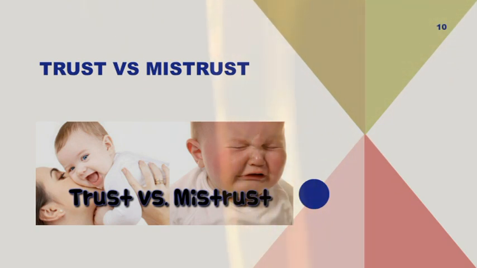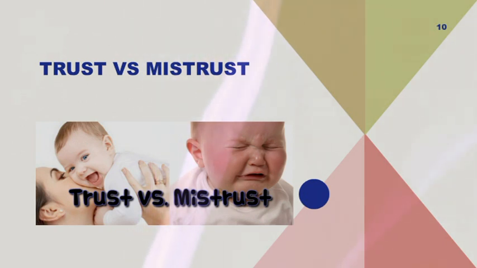Conversely, if caregivers are inconsistent, neglect, or are unresponsive to the infant's needs, the infant may develop a sense of mistrust and insecurity. They may become apprehensive and anxious or withdrawn, and they may struggle to form trusting relationships in the future. And this lack of trust can have lasting implications for the child's socio-emotional development and interpersonal relationships.